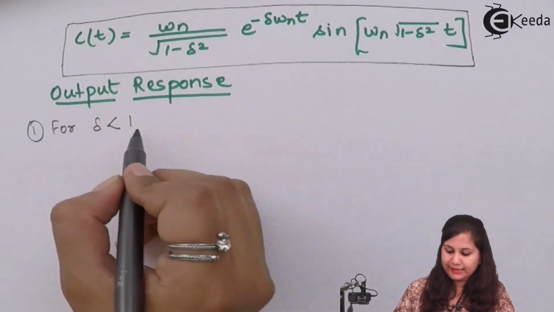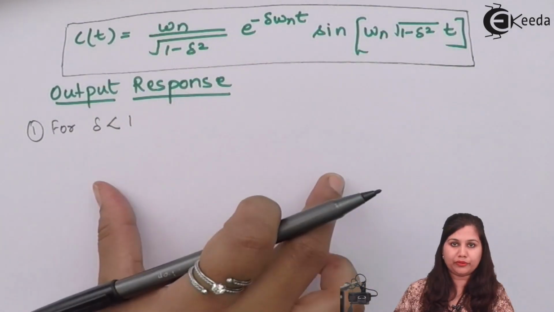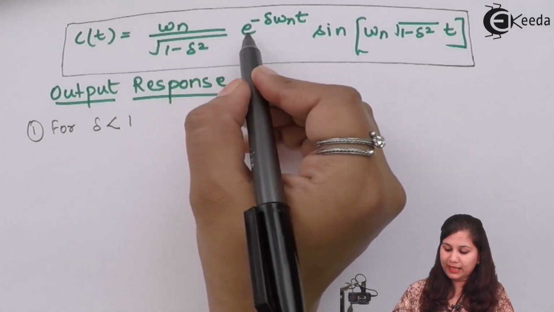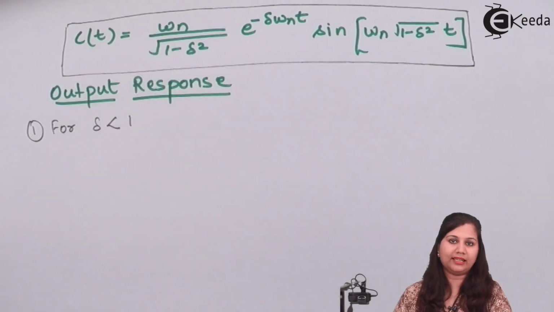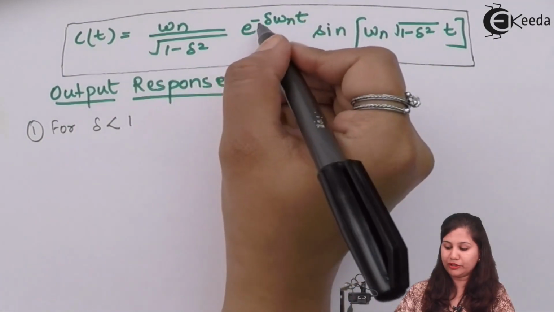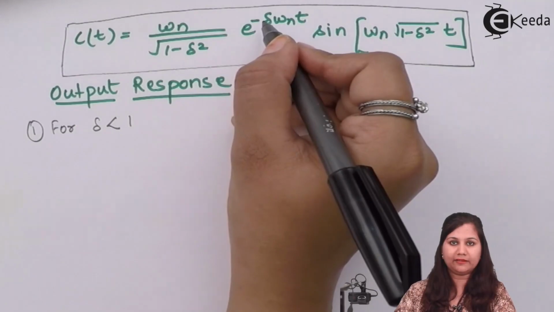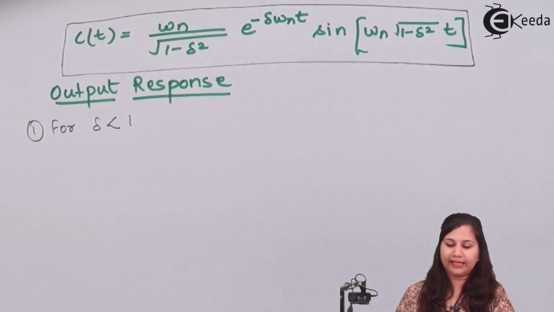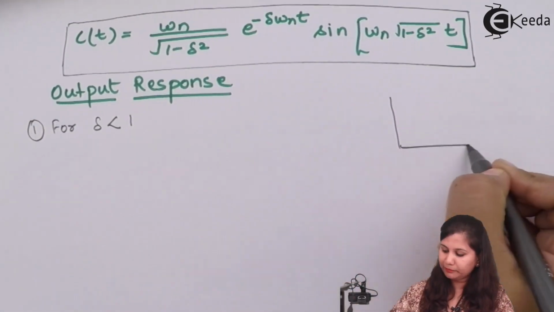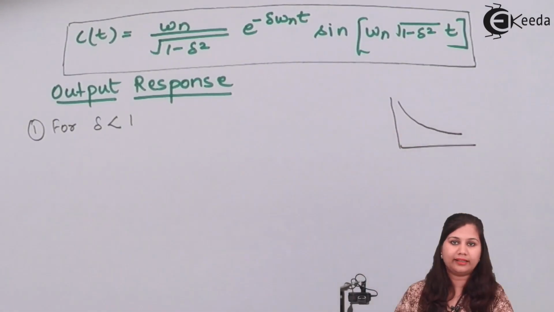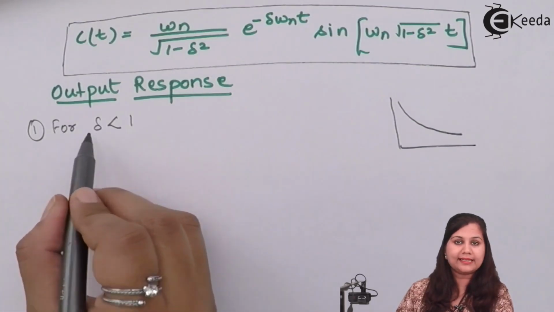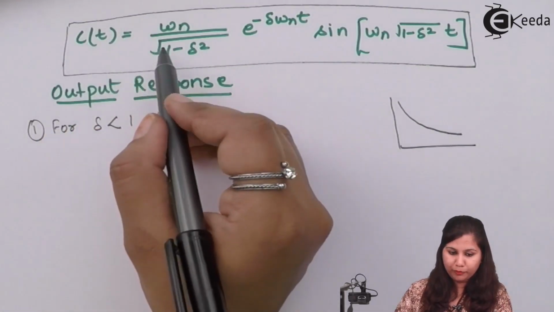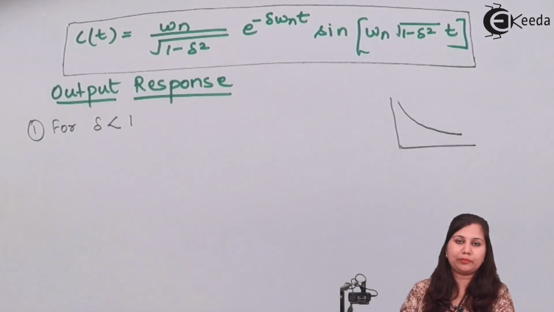Now when delta is less than 1, if we see this output response equation, we can see that it has an exponential term, and this exponential is a decaying exponential. That is, the exponential is having a negative sign here, so this will be a decaying exponential. That means it will be decreasing with time. So when delta is less than 1, the output will have decaying exponential oscillations with time.